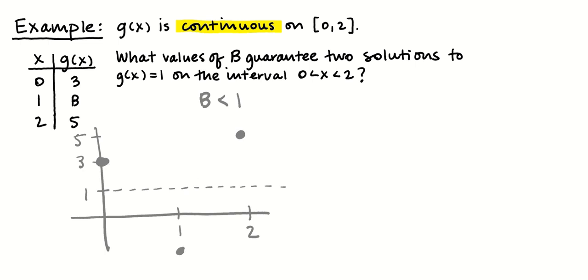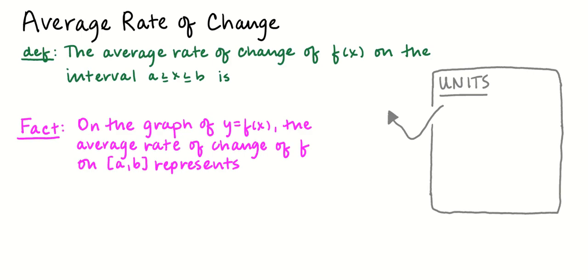Either way, if g of 1 is negative, that's going to guarantee 2 solutions to g of x equals 1, provided that g is continuous. Okay? If b was equal to 1, we could have a situation where we were bouncing. Okay? And if g of x was greater than 1, we could have a situation where we didn't even have any solutions. Okay, so less than 1 is what guarantees 2 solutions.